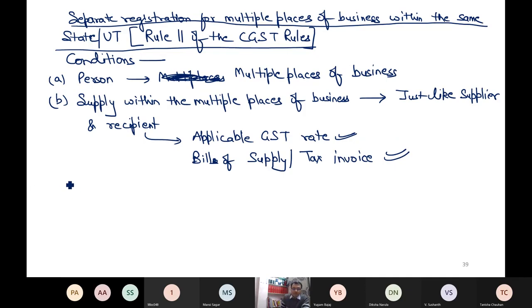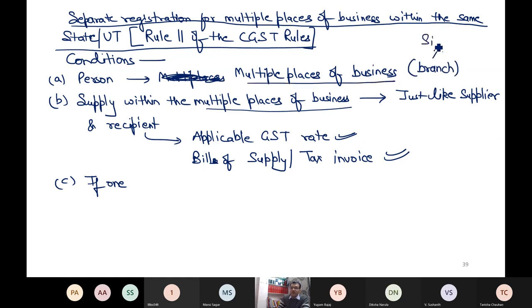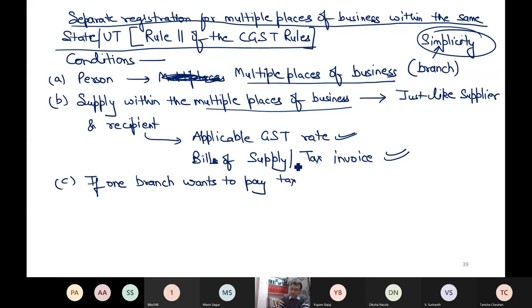Third, for simplicity let me use the word branch rather than multiple places of business. If one branch wants to pay tax under the composition levy scheme, do you remember the composition levy scheme?